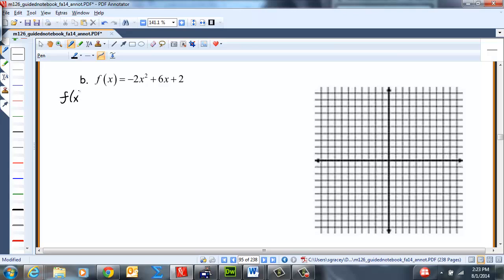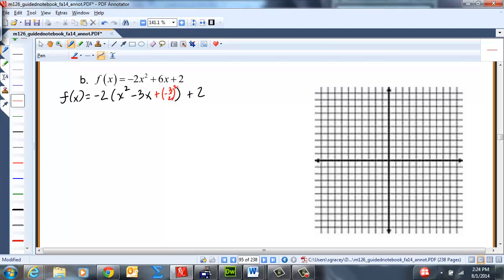So f of x is equivalent to, you're going to factor out a negative 2 just from the first two terms. And then you'll complete the square. So you're going to be adding half of the middle term squared. So you're adding negative 3/2 squared.